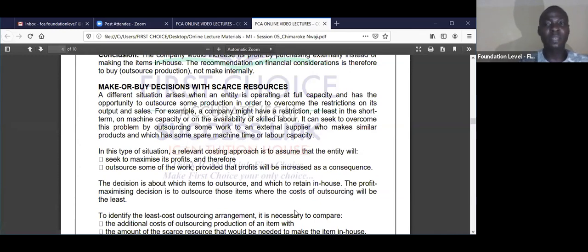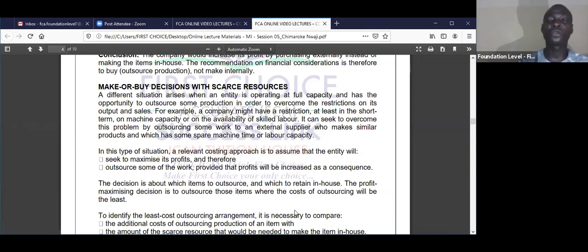So we trim it down to what the remaining resource can carry. Now, what do we do to the ones that we did not produce? Let's say you're supposed to produce product X, 500, but you could only produce 200. So what do you do with the other 300? Now that 300 that you cannot produce, you won't tell your customers that, look, I cannot give you the whole 500. You must look for a way.